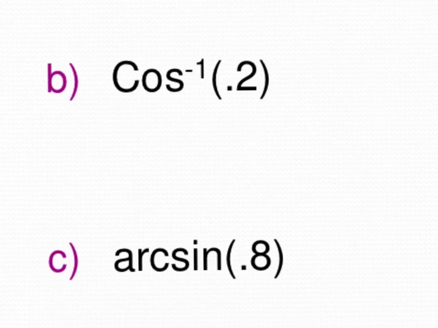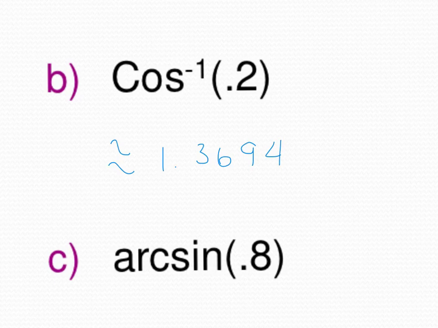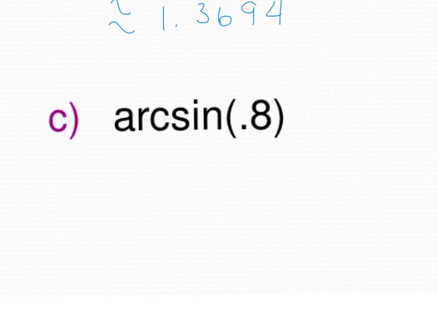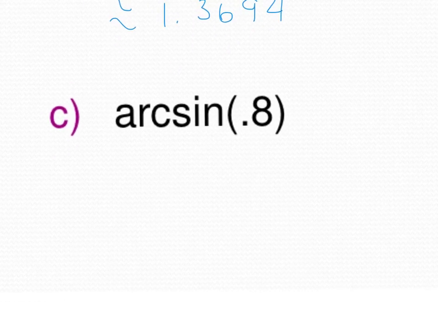Now let's find inverse cosine at 0.2. And the solution for B is approximately 1.3694. Let's find arc sine or inverse sine at 0.8. Here the solution is 0.9273.